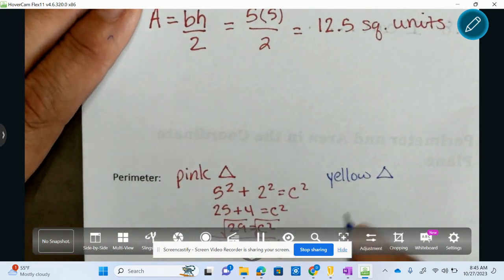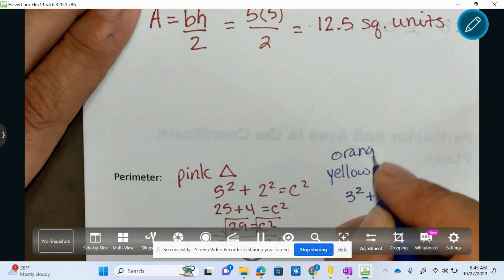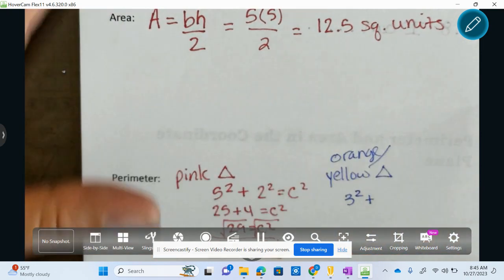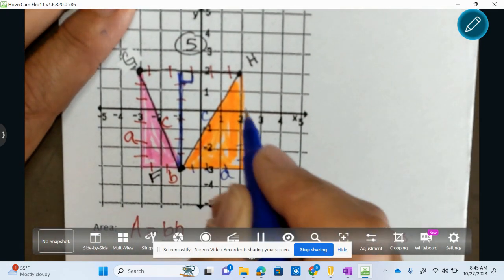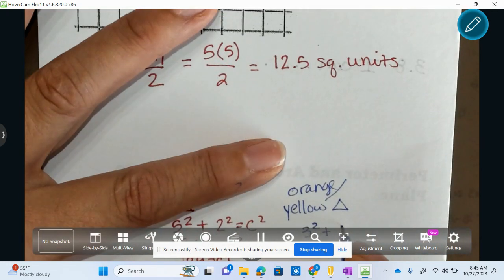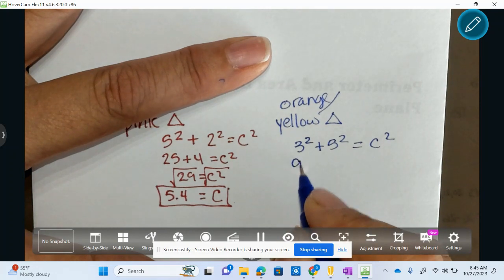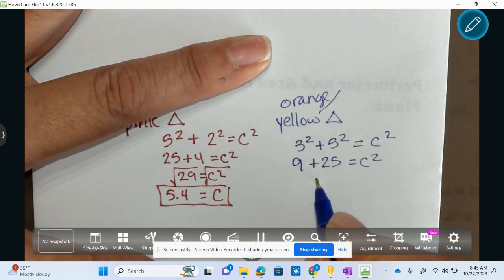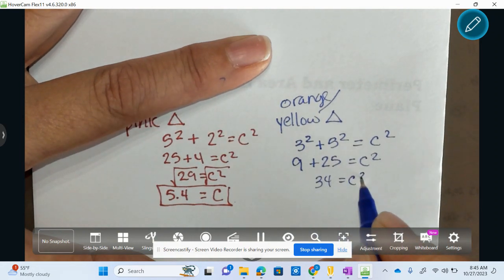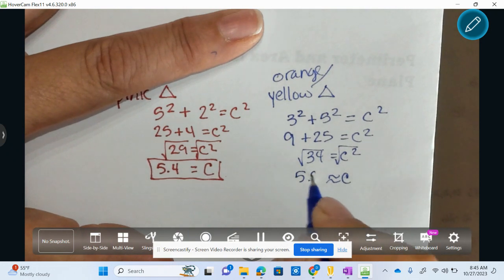So that's 3 squared plus, I'm going to write orange over the top of that, how tall is that B leg? 1, 2, 3, 4, 5, squared equals C squared. 3 squared is 9 plus 25 equals C squared. 9 and 25 is 34 equals C squared. When I take the square root of both sides, I find that C is about 5.8.